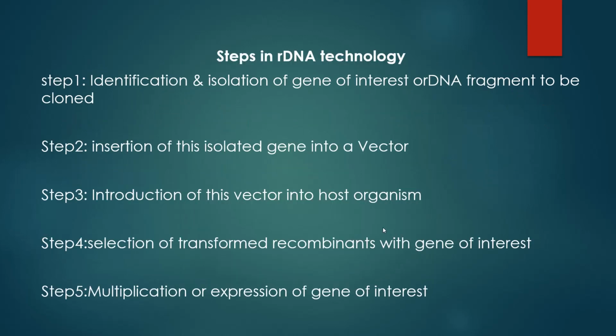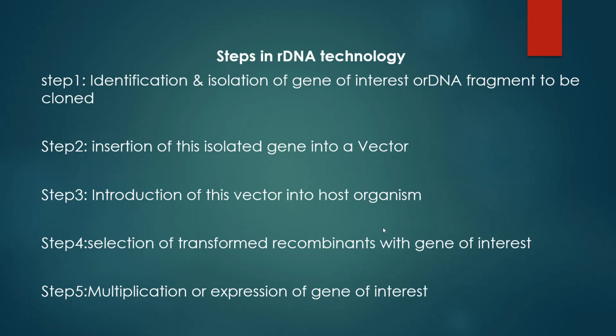So coming to the steps in rDNA technology, the first step is the identification and isolation of the gene of interest or DNA fragment to be cloned. In this step, we have to identify and isolate the desired gene. The second step is insertion of this isolated gene into a suitable vector.